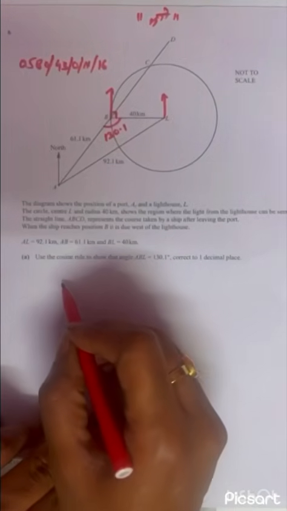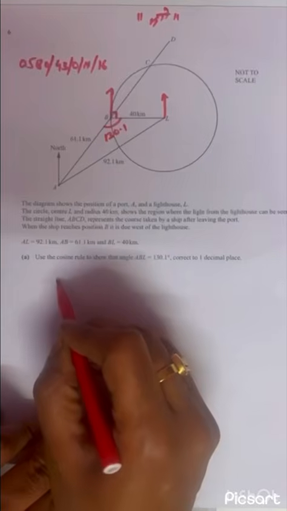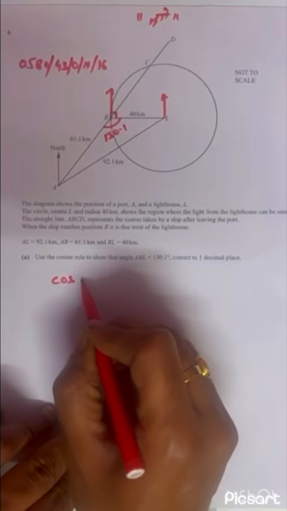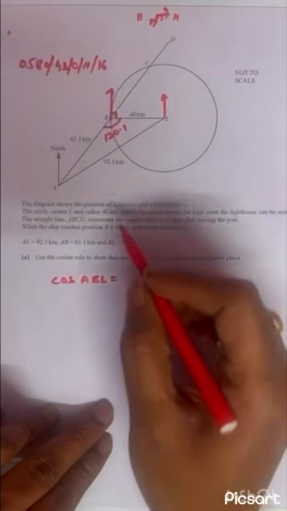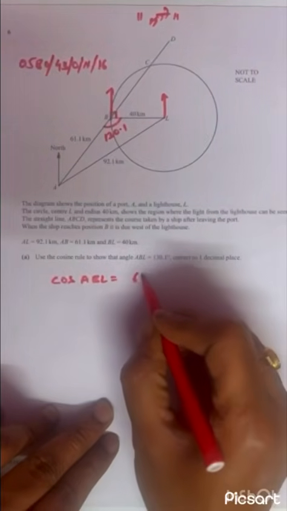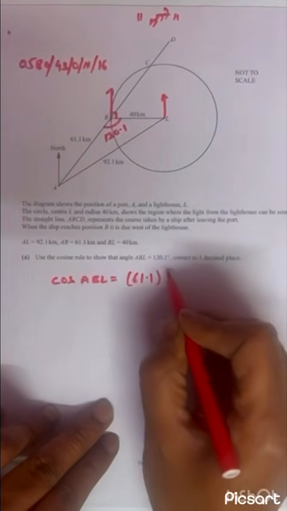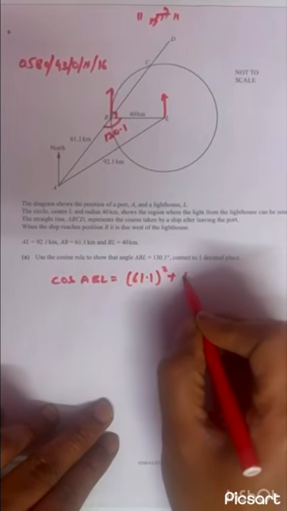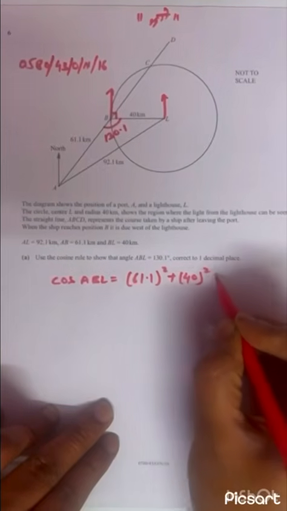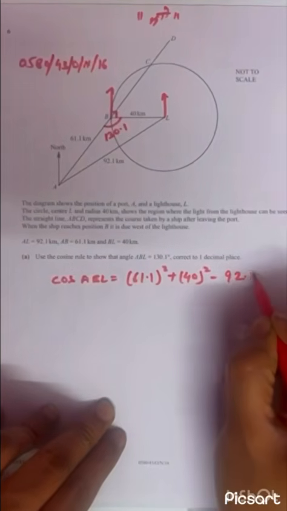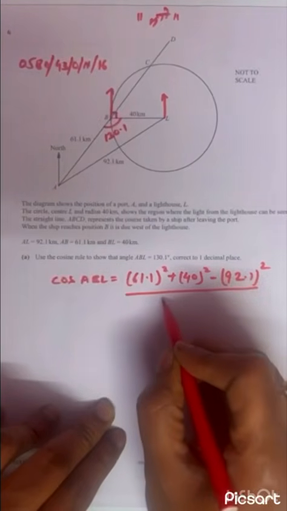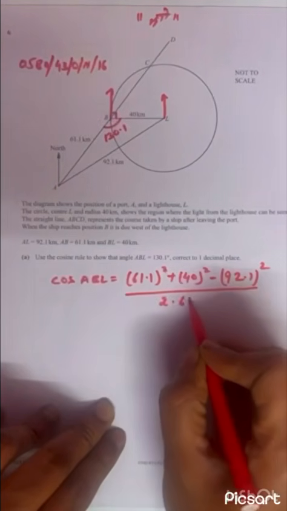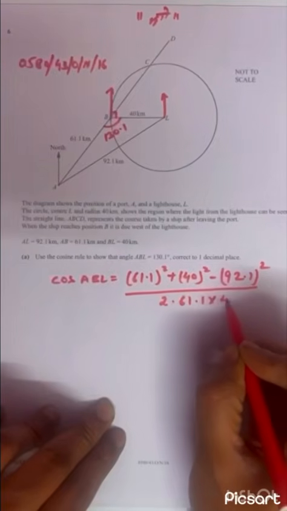Everybody knows the formula. So cos ABL will be equal to 61.1 whole square plus 40 whole square minus 92.1 whole square, divided by 2 into 61.1 into 40.